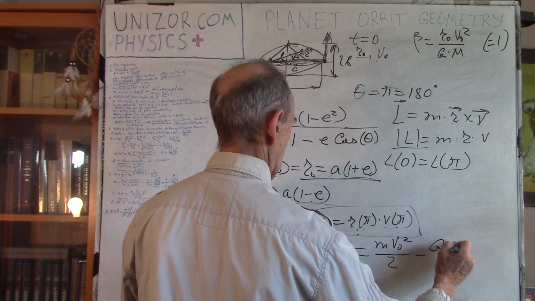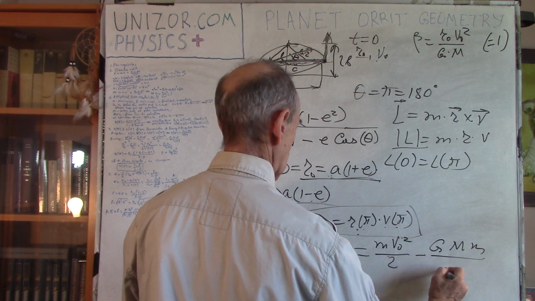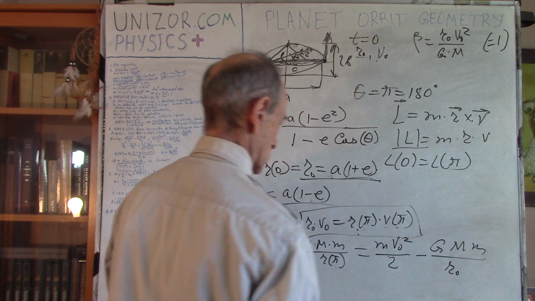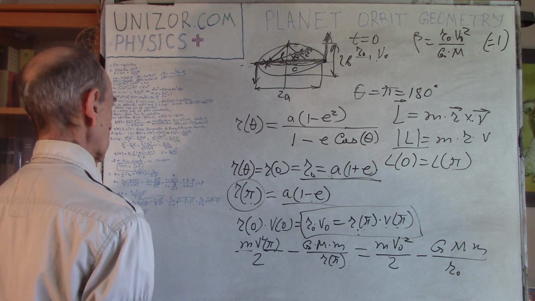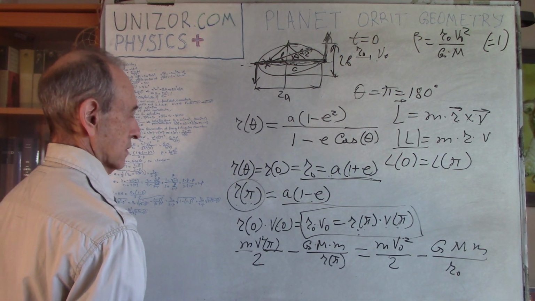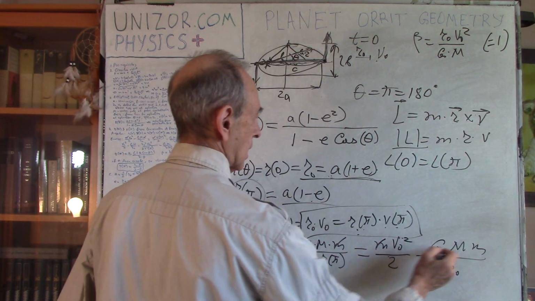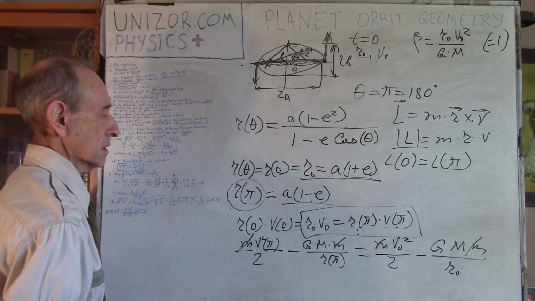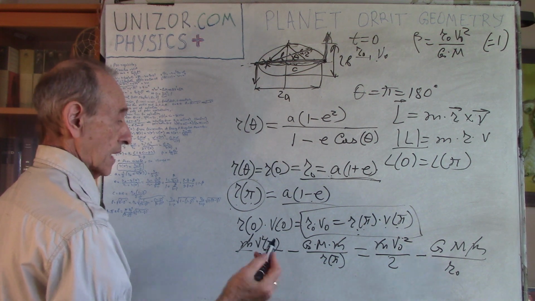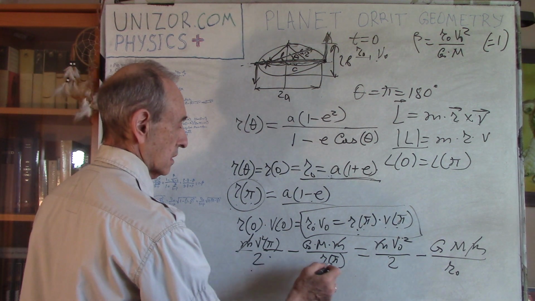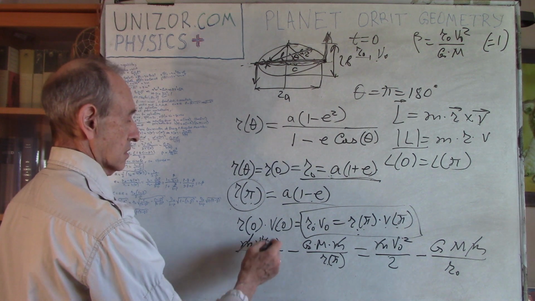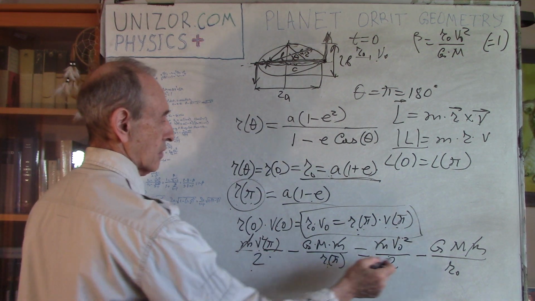Minus G M m divided by r0. Okay, now that looks much better, right? Alright, so from this obviously we can get rid of the mass of the planet, nothing depends on it. And what we have right now is the second, the fourth actually equation. So we have these variables.